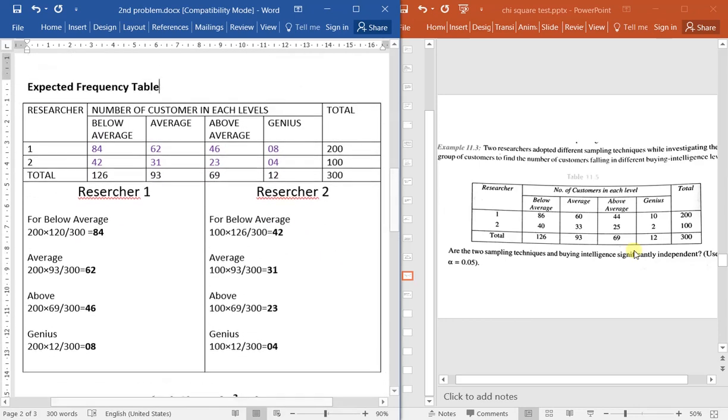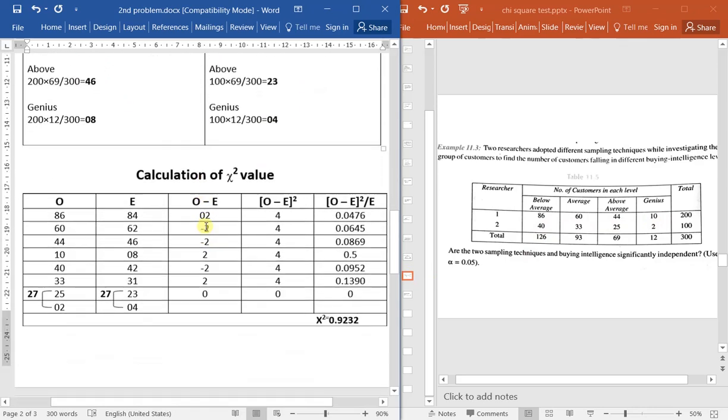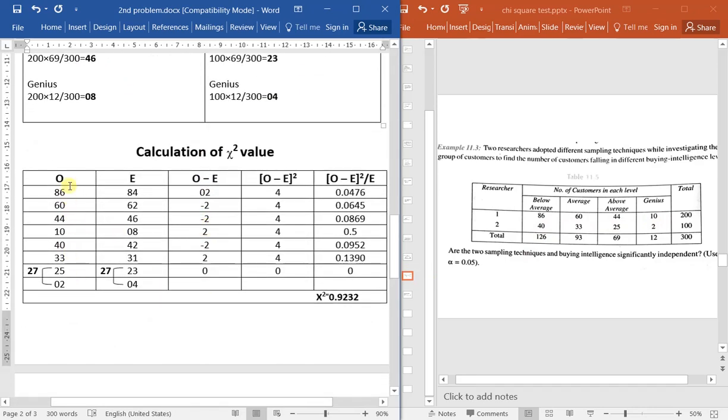Then we will put all these observed values in this table, like 86, 60, 44, 10, which I have taken from the problem. So this is your observed frequency, the actual values which are observed. Then you have 40, 33, 25, 2.